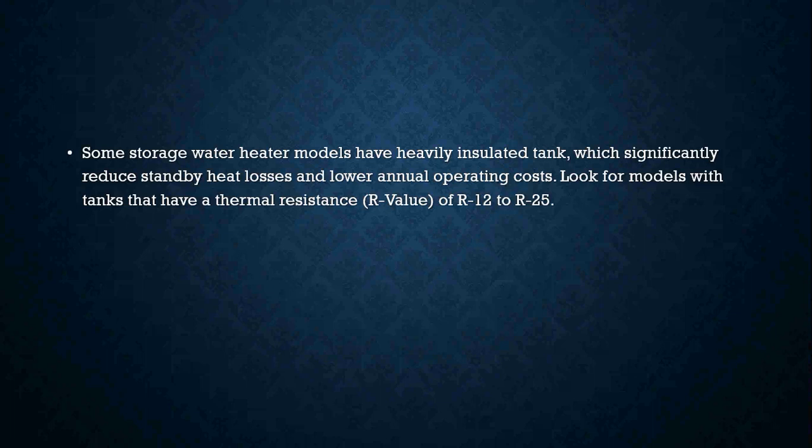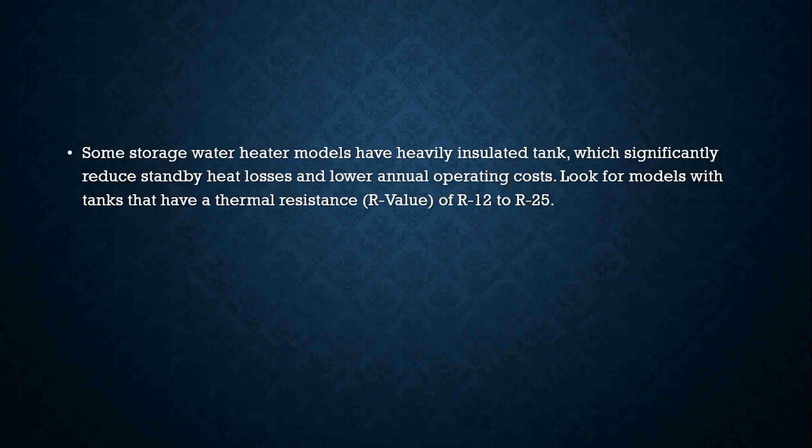Okay, some storage water heater models have heavily insulated tanks, which will also significantly reduce your standby heat loss and lower your annual operating costs. So what we want to do is look for models with tanks that have a thermal resistance, or R value, of R12 to R25. When you are at even Home Depot purchasing a water heater, look at the R value.